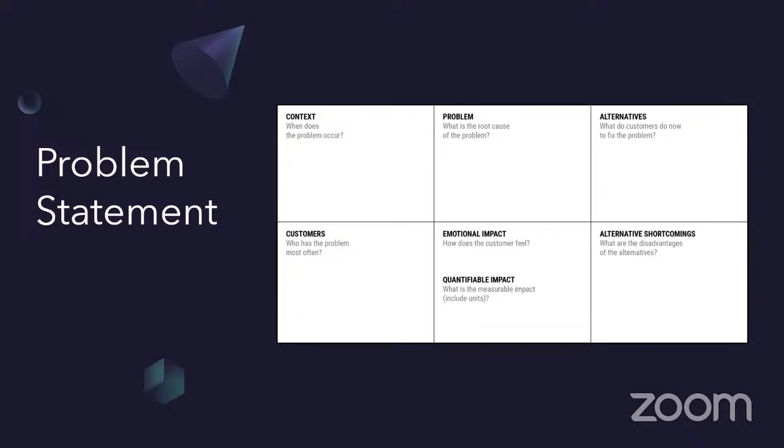These were the alternatives, but the shortcoming is that you will have to know or identify the exact place of the other person. Okay, what does this do as an impact? Emotional or quantifiable?